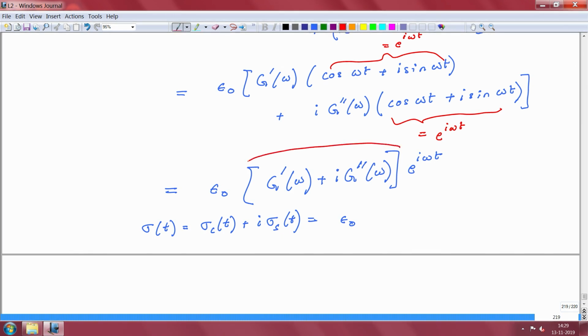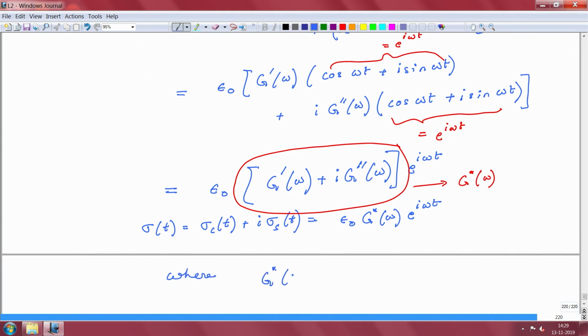So, this is now another complex number, and now I can give it another name. I can call it G star omega. So, this is equal to G star omega e to the power i omega t, where G star omega equals G dash plus i times G double dash.